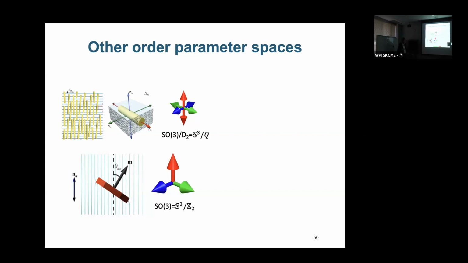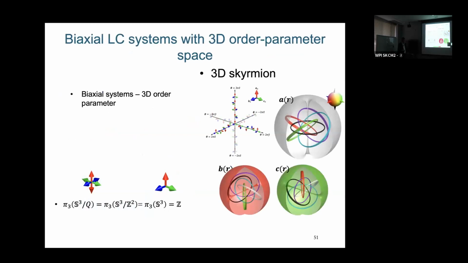And so for all of these structures, we can have different singular defects, line defects, or point defects. Some of them are allowed, some of them are not allowed. It all is determined by homotopy theory, the mappings from corresponding physical configurational spaces to order parameter spaces.